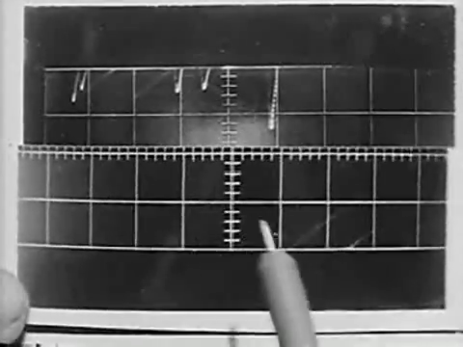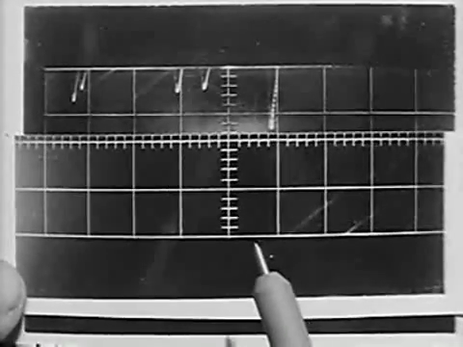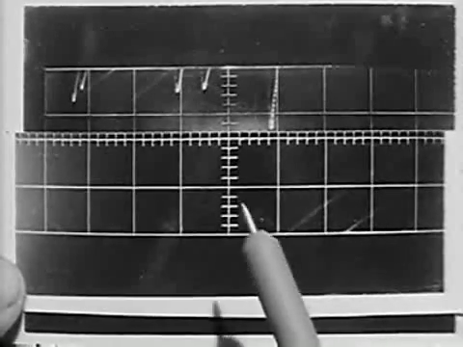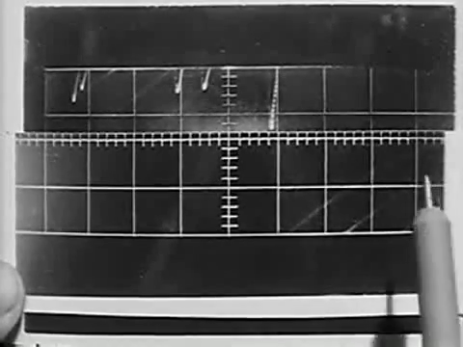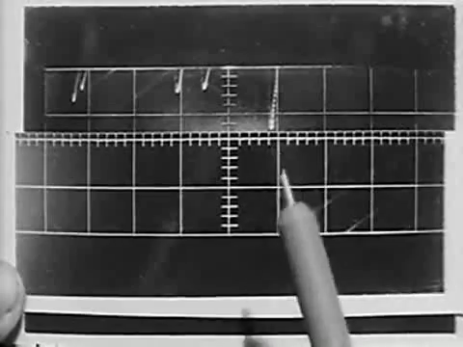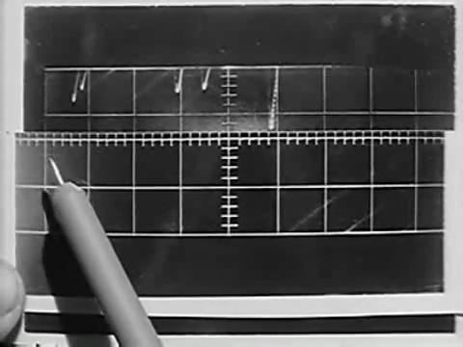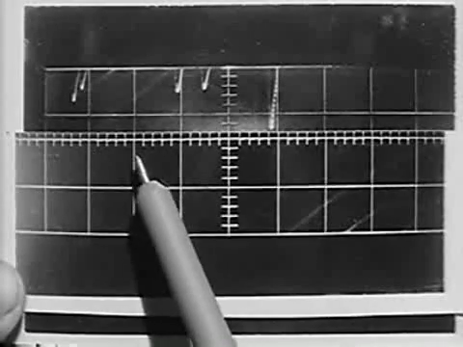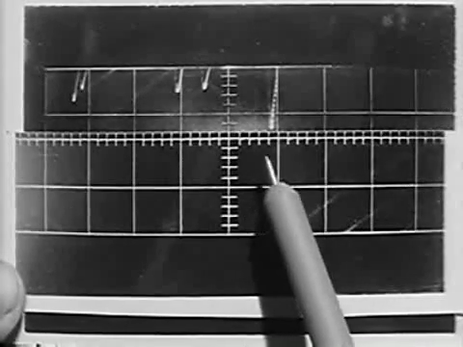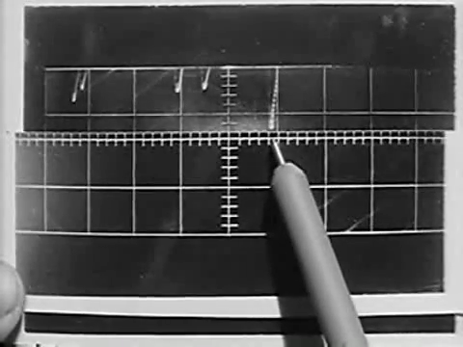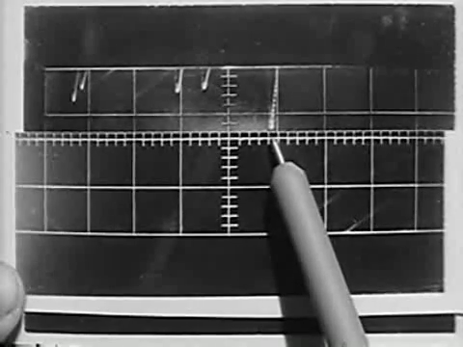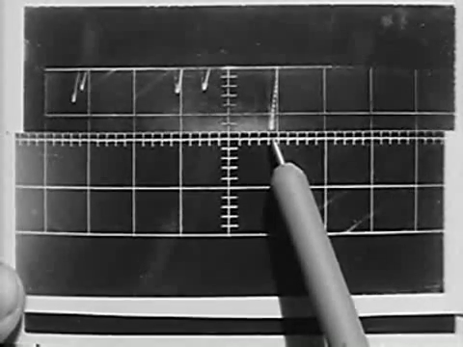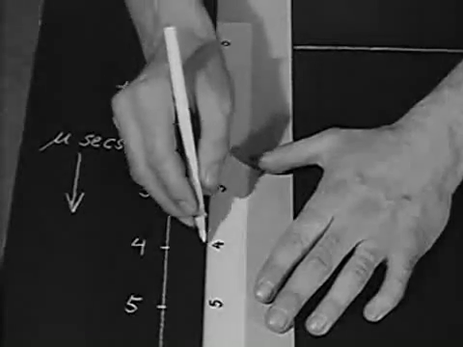Here's a convenient ruler to use, simply another exposure of the grid on the scope face. Now I'm measuring from the edge of the mask, and I find that this particular meson lived for 4.85 microseconds.